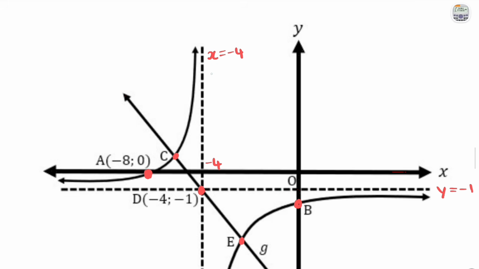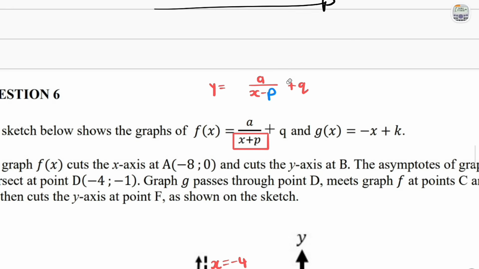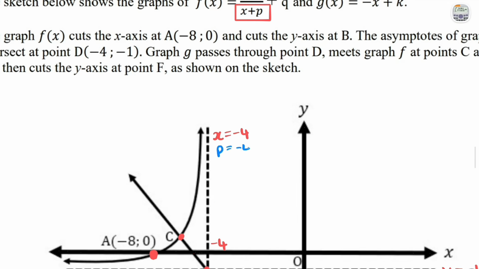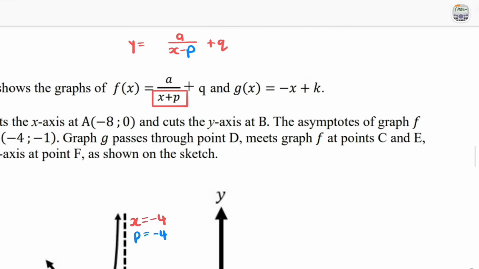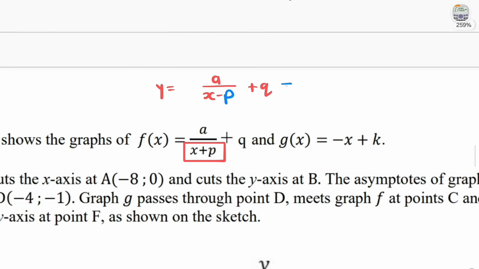We'll speak about what that is, and then we'll find out what the p they're referring to is. Okay, so these values, the vertical asymptote, that's what gets the p in the standard form of our equation. So this is negative 4, and q is negative 1. And so when we substitute it into the standard form, the general form of the hyperbola, it becomes y is equal to a over x minus, now that was a negative 4, so minus negative 4, and then minus 1.